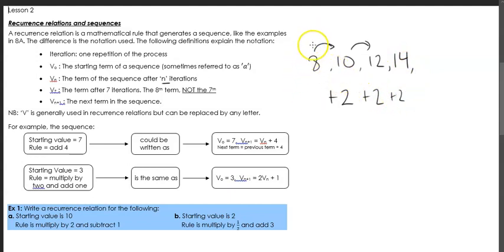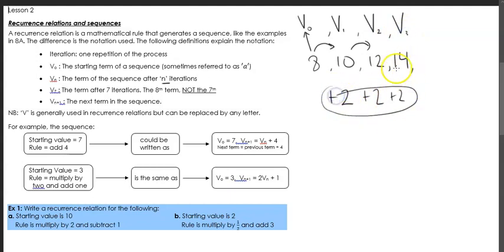So this is our initial, which is not V1, which is V0. After 1 iteration, this is going to be V1. After 2 iterations, this is going to be V2. So 3 iterations, or 3 lots of adding 2 together, will take us to 14 for this arbitrary example anyway.